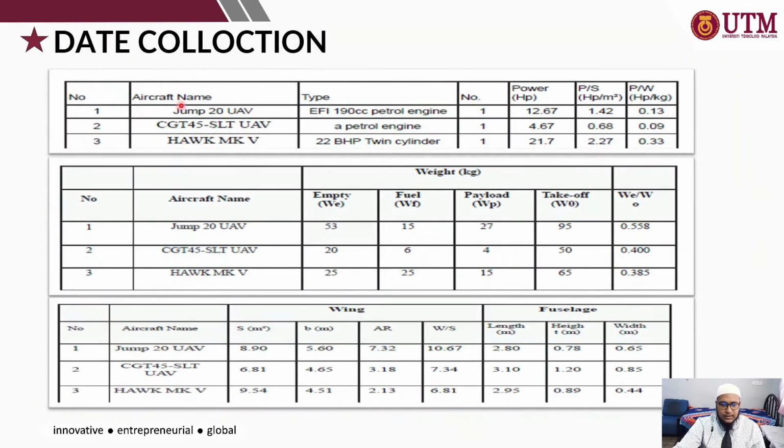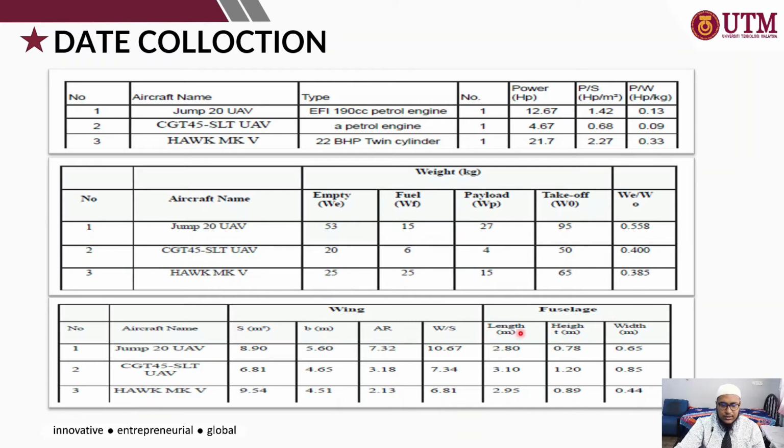And here is the data collection. In the data collection part we made some tables and put in the data. Here I have put 3 UAV names, the type of their engine, then the power of the engines, then weight estimation, and wing and fuselage area.